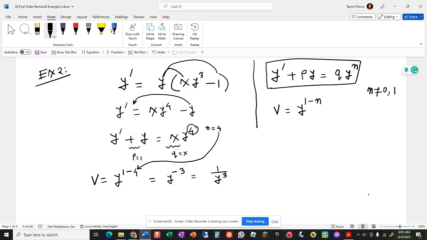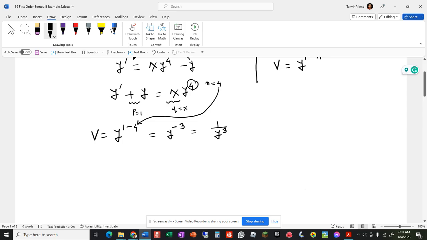At this point, we take the derivative of both sides with respect to x. Remember, y is a function of x, so v is also a function of x. So dv dx equals, I'm going to start from here, negative 3 y to the power negative 4.